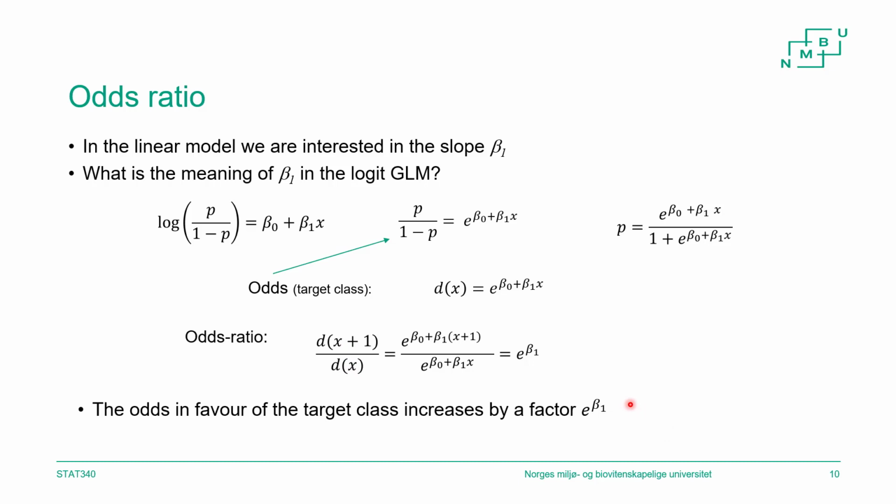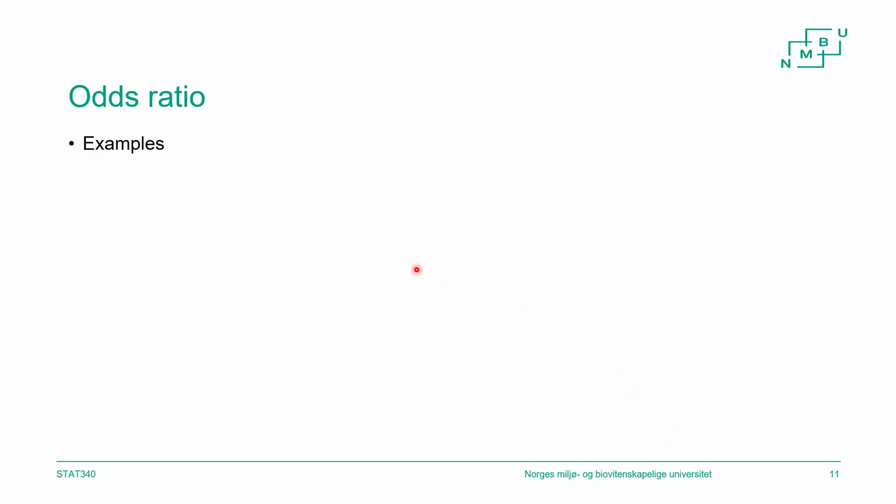Let's look at a couple of examples. Let's say we estimate beta 1 to be 1. It means that the odds ratio is then e to the power of 1, which is around 2.71. That means that if you move to the right on the x-axis, the odds for the target class increases by a factor of 2.71.